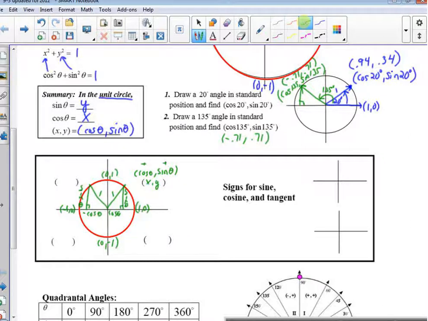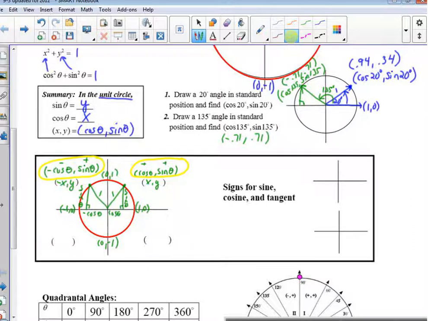So this coordinate, if we did it with x and y, would have been negative x comma y. But remember, we're saying sine theta is equal to y, cosine theta is equal to x. So this coordinate here would be negative cosine theta comma sine theta. So notice how cosine's negative and sine is positive.